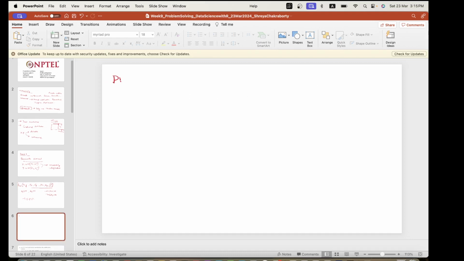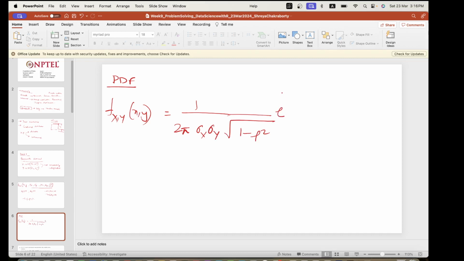And how does the PDF look? f of x y would be 1 by 2 pi sigma x sigma y into root over 1 minus rho square, e to the power minus 1 by 2 into 1 minus rho square, and then we have x minus mu x whole square by sigma x square plus y minus mu y whole square by sigma y square minus 2 rho into x minus mu x into y minus mu y by sigma x sigma y.